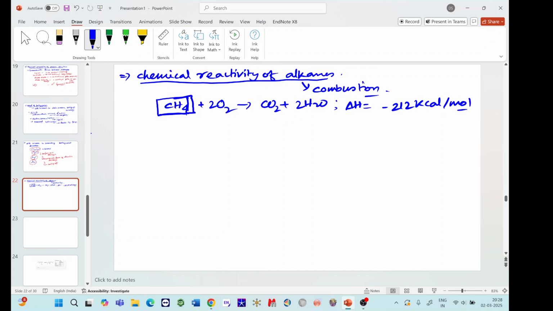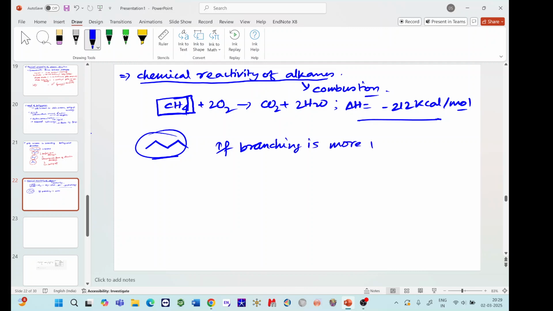This is a pretty preliminary thing where we use methane. So if you increase the chain, then your delta H, the enthalpy, will have some effect. What is generally observed is that if branching is more, then the compound is more stable because it is compact, right?